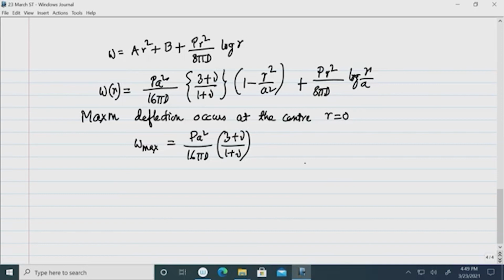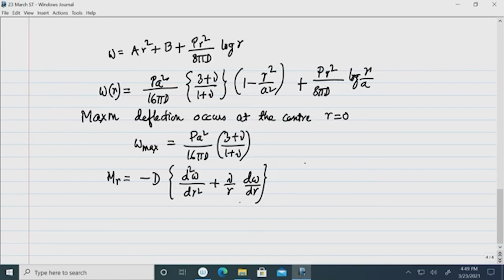Now, if I want to find the second derivative and first derivative of this expression to calculate the bending moment, we can now find the bending moment also. So, the bending moment M_r can be found as minus D times d square w by dr square plus mu by r dw by dr. Okay.